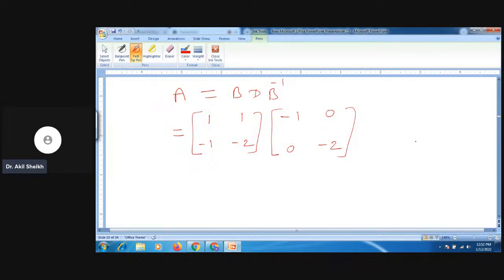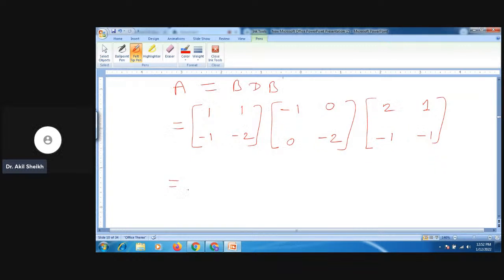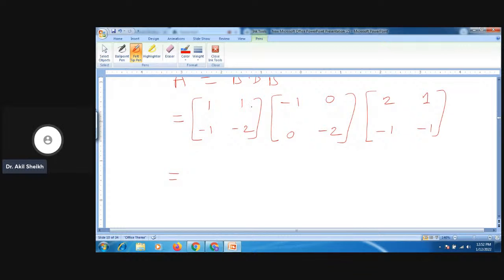And matrix B inverse is [2, 1; -1, -1]. Now you can multiply these three matrices either by using a calculator or manually.